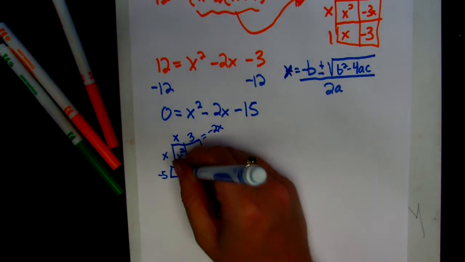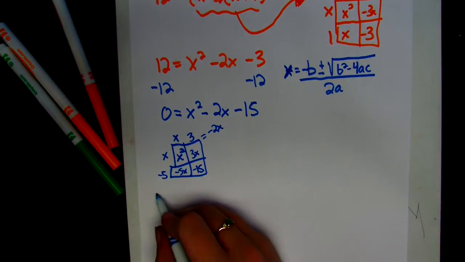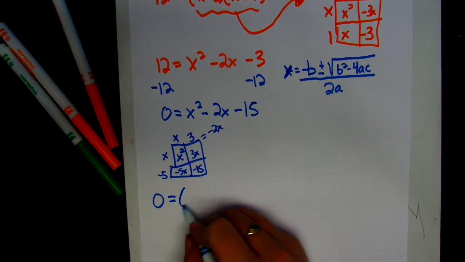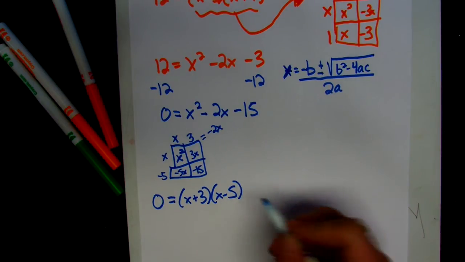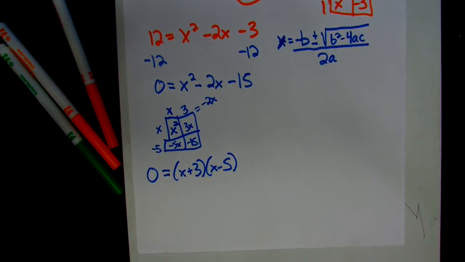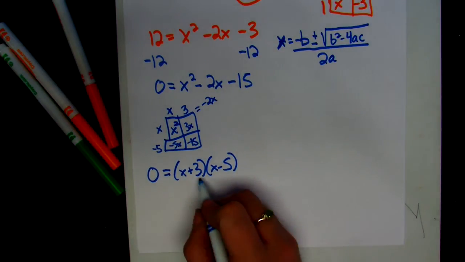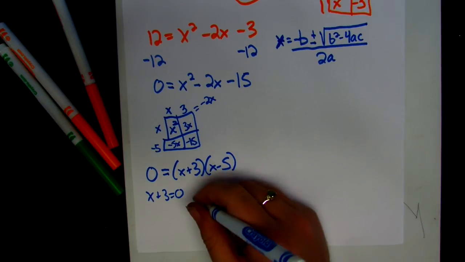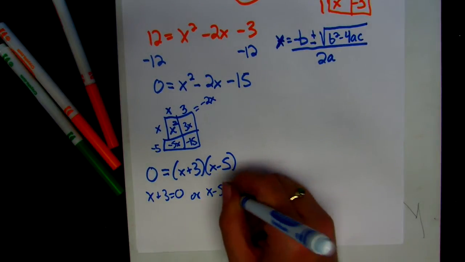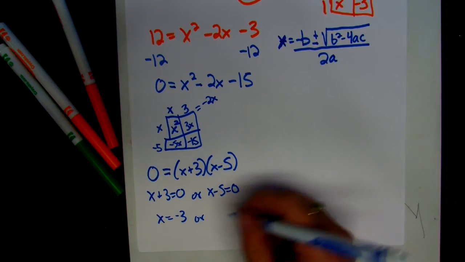Because negative 5x plus 3x is negative 2x. So now I have 0 equals x plus 3 times x minus 5, right? Which means that I can use my zero product property that says that if this times this equals 0, then x plus 3 equals 0, or x minus 5 equals 0, which means x equals negative 3, or x is equal to 5.